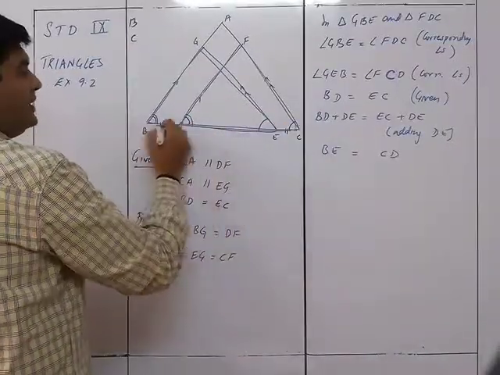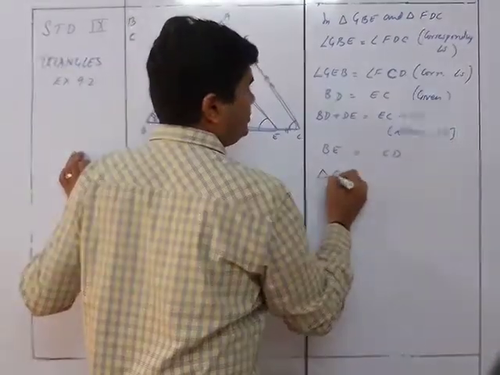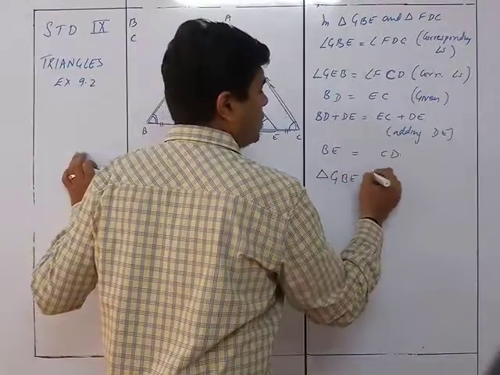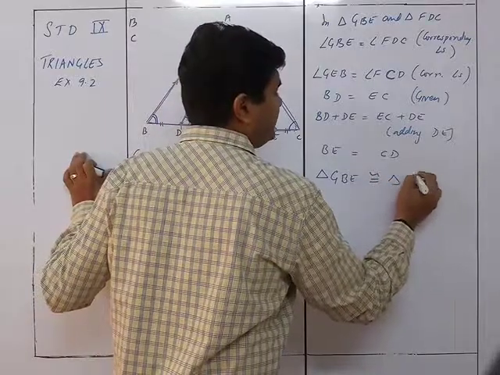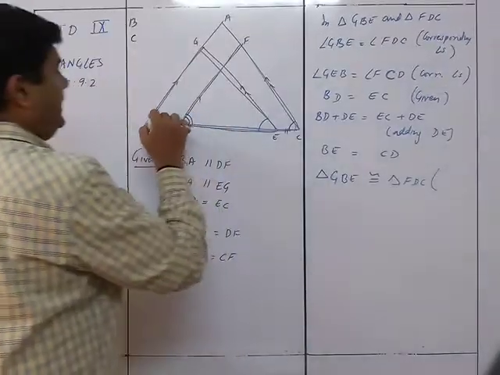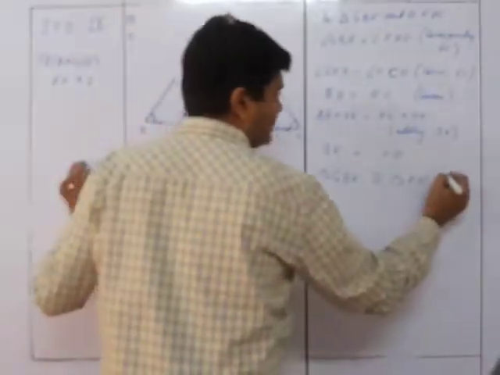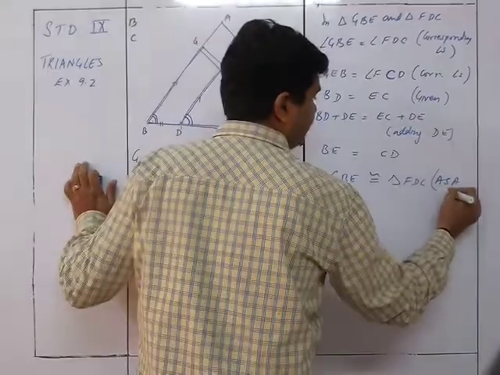CD is of one triangle and BE is of another triangle. So therefore triangle GBE is congruent to triangle FDC, by which test? That is ASA test.